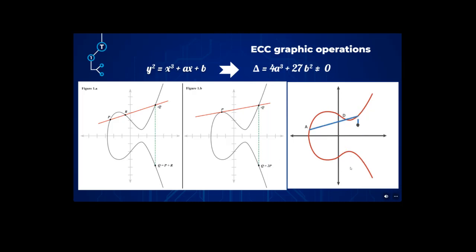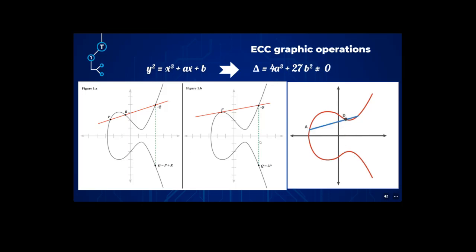The third one and the final one shows that we can perform as many doubling operations as we want. So for example, here, if we calculate 3P, we have just to draw the line through P and 2P, which meets the curve at Q, and we will take the reflection, which could be here.